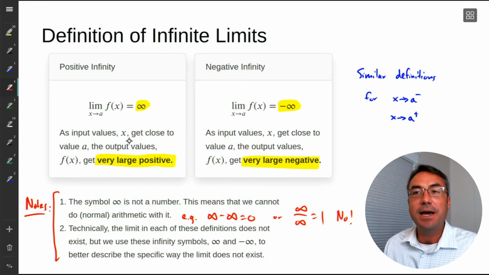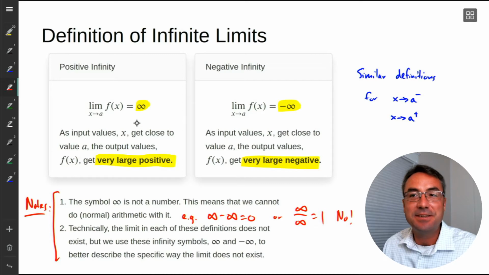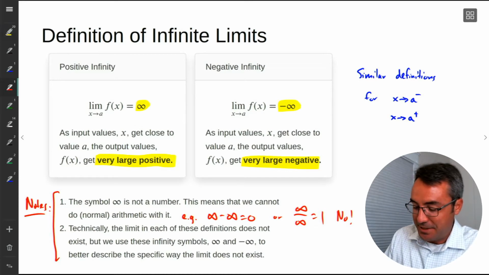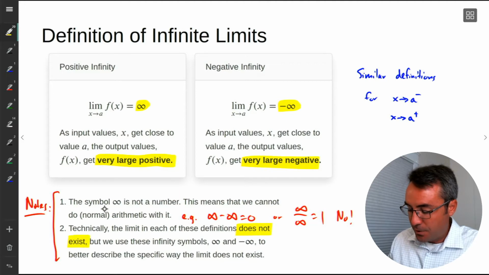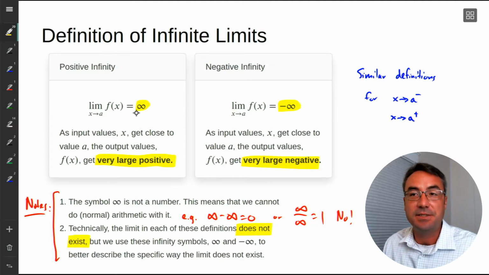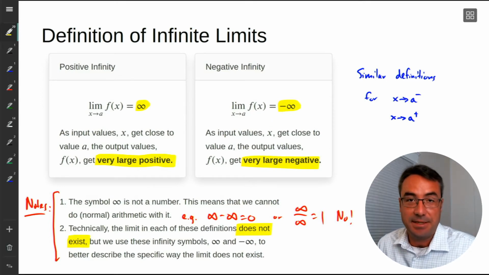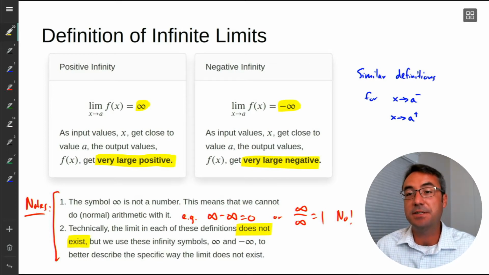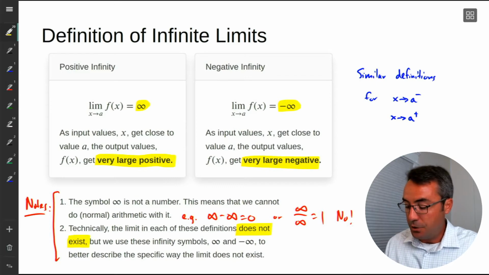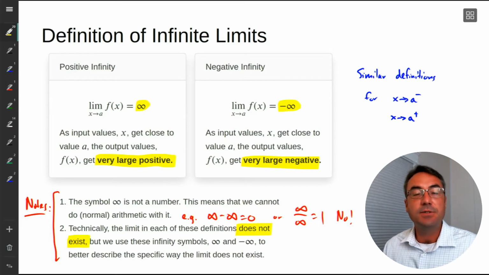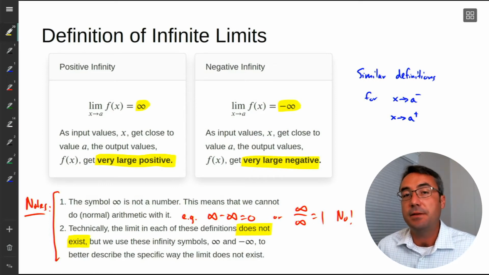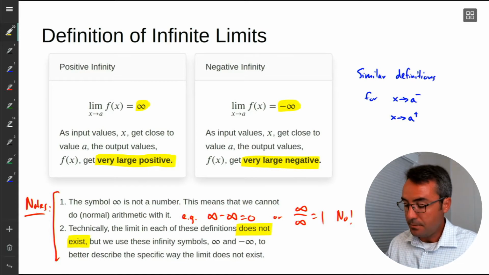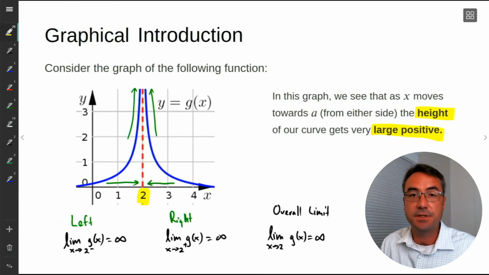Now, technically what's going on with these infinite limits is the limit does not exist. So that's something to keep in mind, is we're using this symbol to say that the limit of f of x is equal to infinity or minus infinity. But technically the limit does not exist in this case. But it does not exist in a very specific way. And so using these infinity symbols gives us a way to express the very specific way that the limit does not exist. And we've seen this, for instance, in the graph.